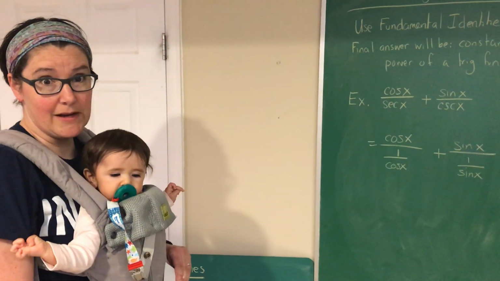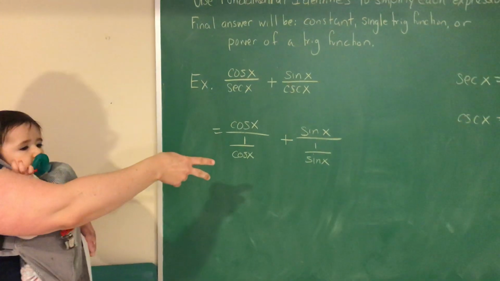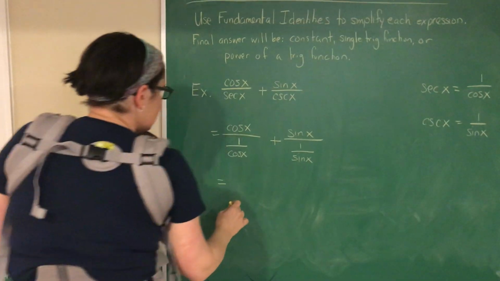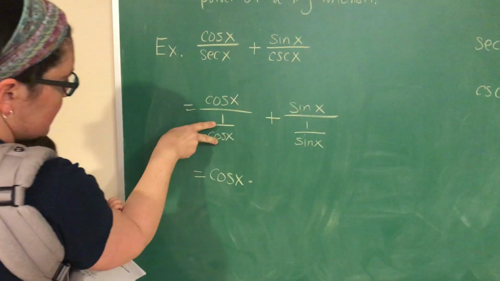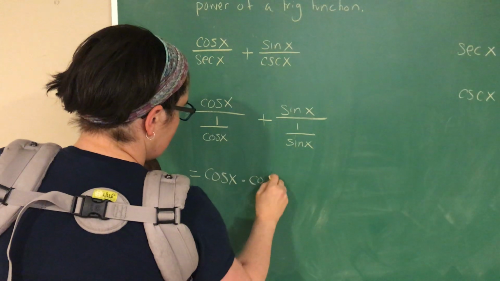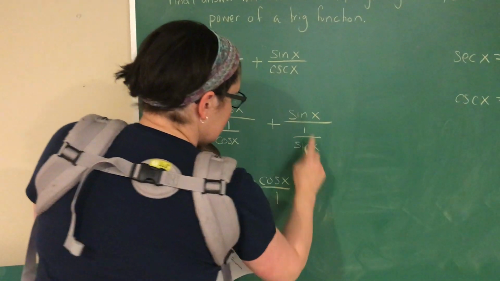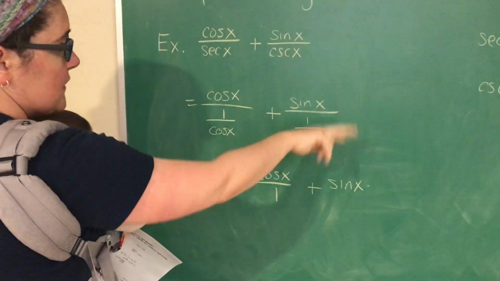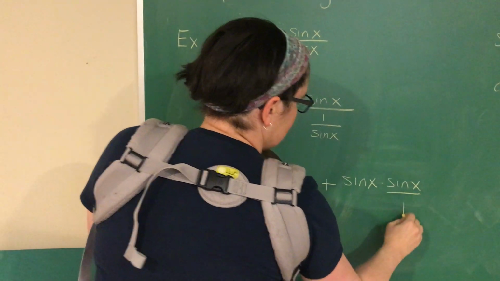Things look more complicated, but that's okay, because I also know that when I divide by a fraction, that's the same thing as multiplying by the reciprocal. So I can write this as cosine of x times the reciprocal, so times cosine of x over 1. And I can do the same thing with the second fraction, and I get sine of x times the reciprocal, so times sine of x over 1.